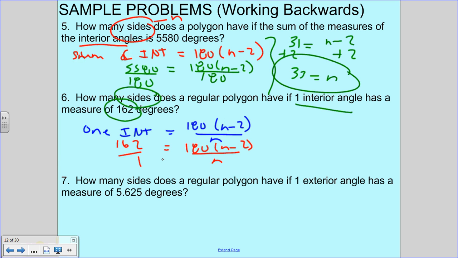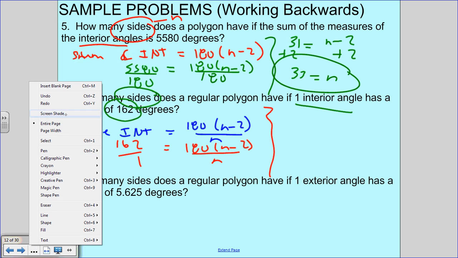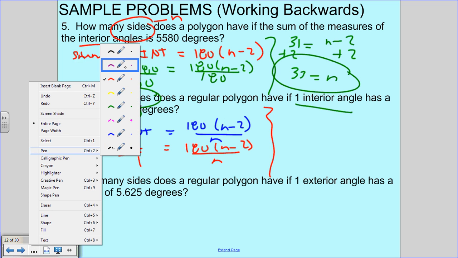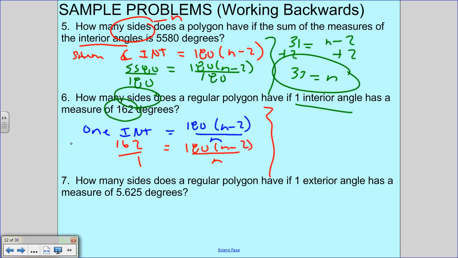Another way that you could do it is that we know that exterior and interior should add up to be 180. So if you recall, the exterior formula is pretty simple, or it's less complicated because exterior says 360 over n.